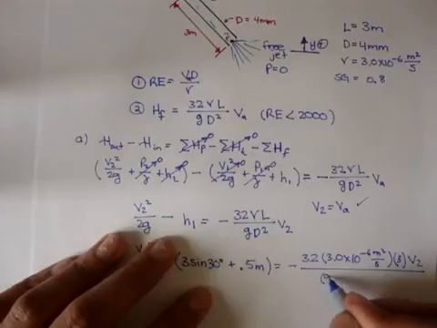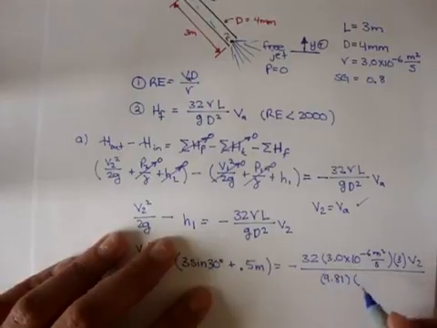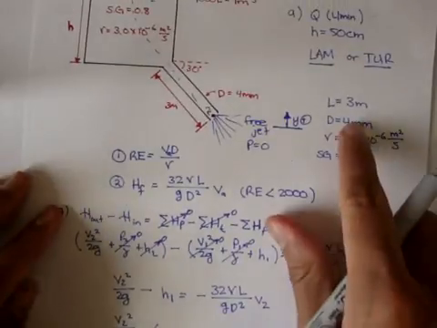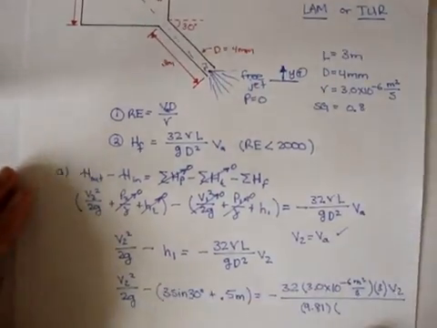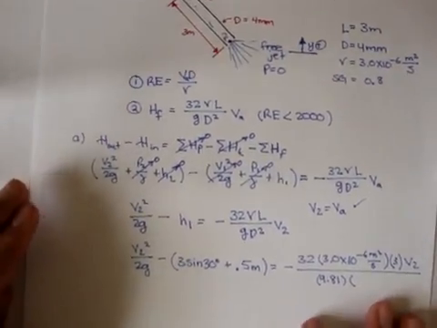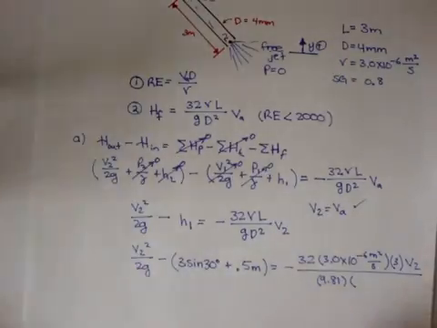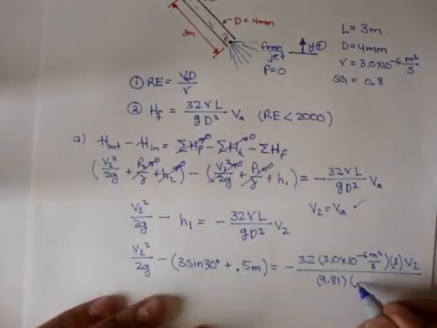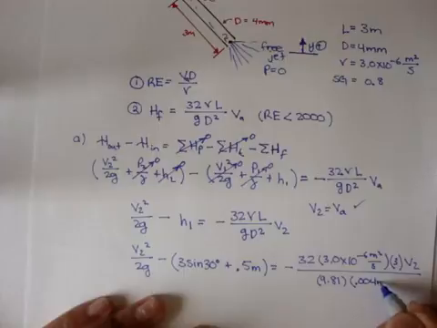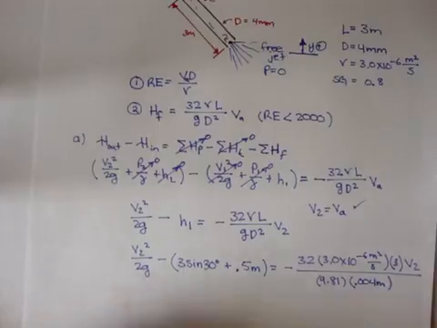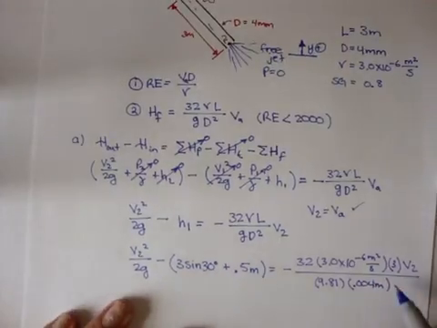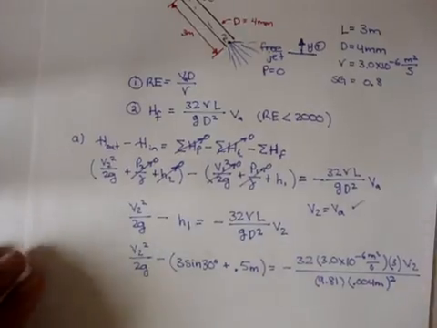And the gravity would be 9.81 times the diameter squared. Now the diameter we said to be 4 millimeters, and if we plug that in, that's 0.004 meters for the diameter squared.